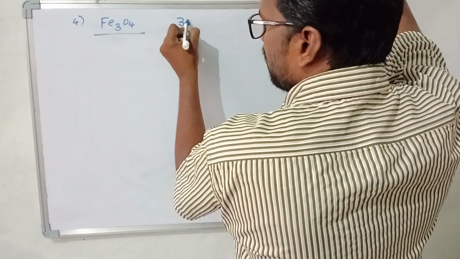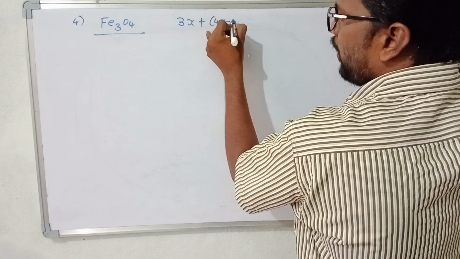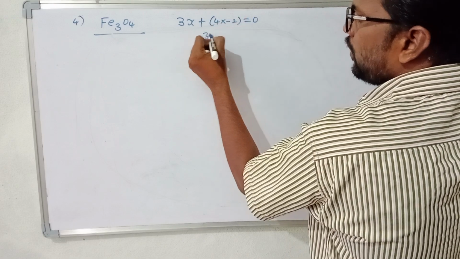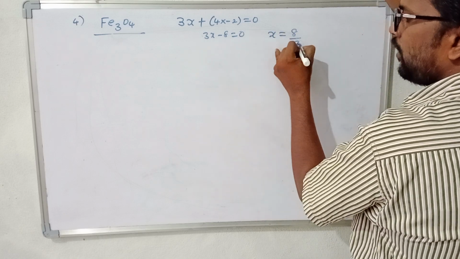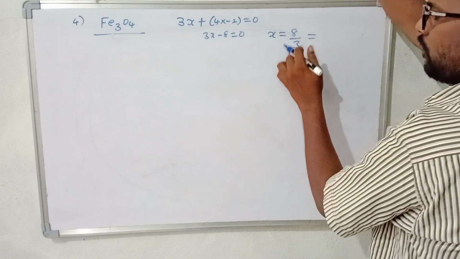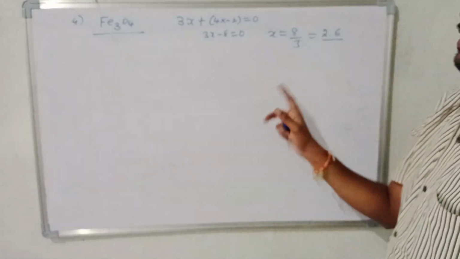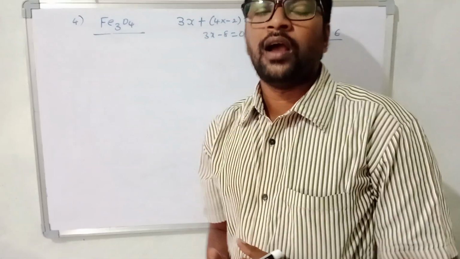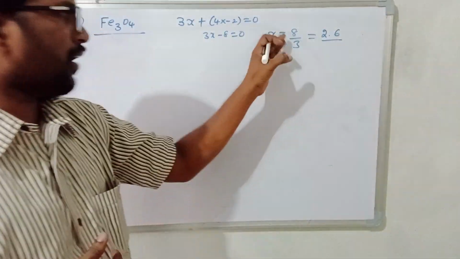If you write the average oxidation state, 3x, and 4 oxygens are present, 4 into -2, equal to 0. So 3x minus 8 is equal to 0. From this, x is equal to 8 by 3, which is 2.6. So it is a fractional oxidation state in iron. The average you have to take is 2.6 or 8 by 3.